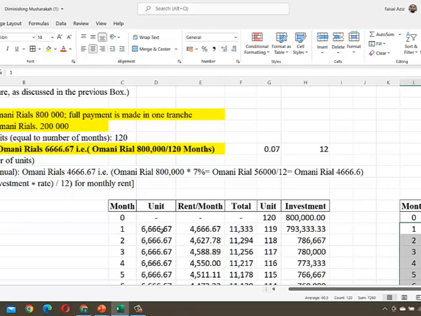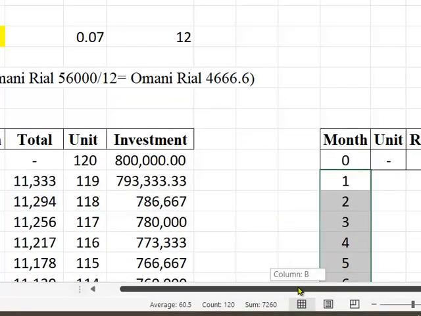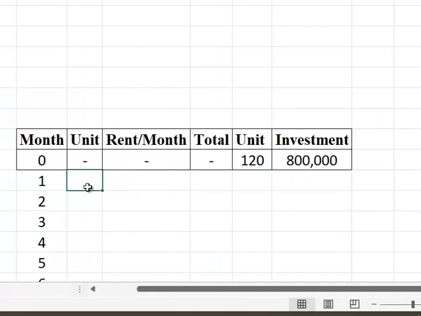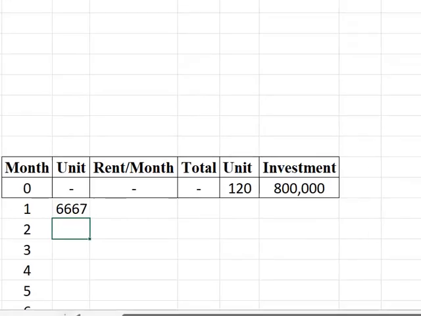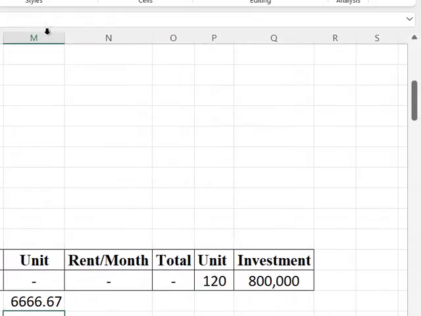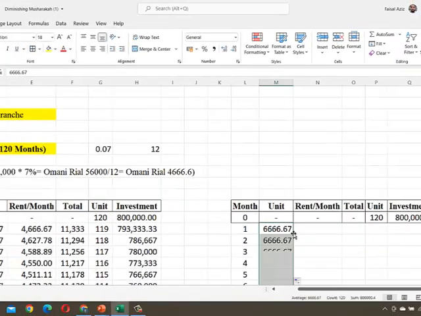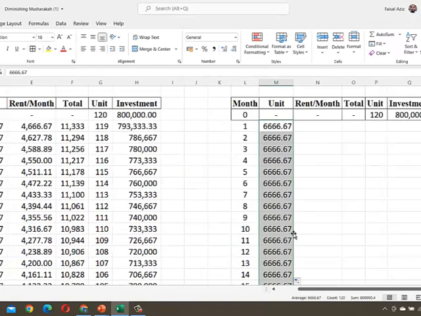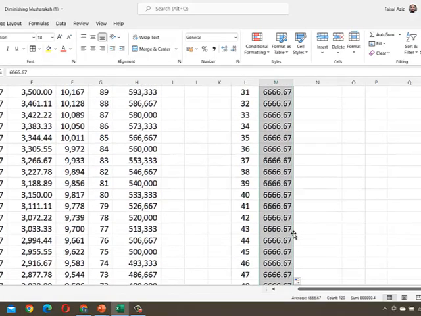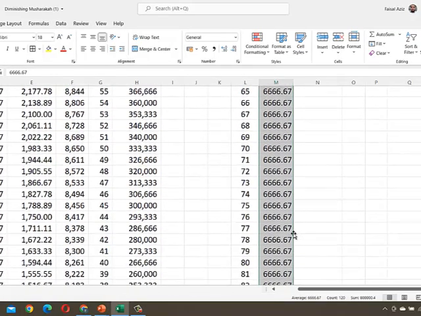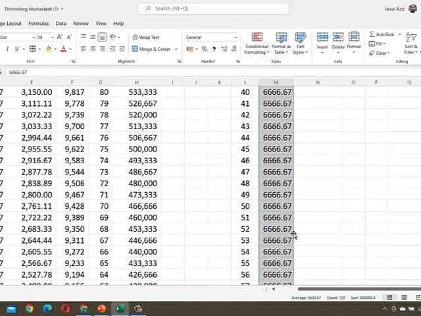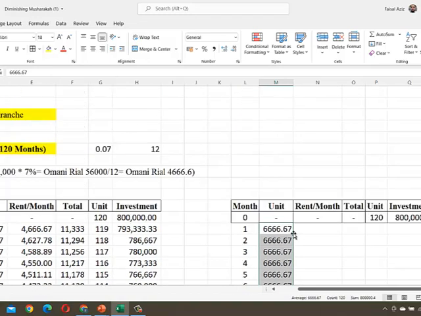So it is 6666.67. This is the unit price, and this will remain the same. I'm just going to double click over it, so it will come the same up to 120 months, because it is not going to change.